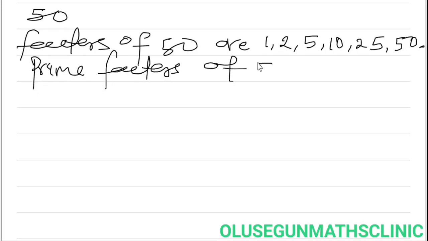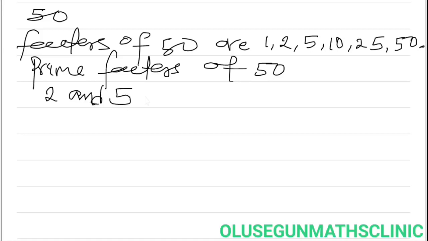Before I write it, I believe if you are following me, you must be able to know the prime factors. We don't count 1 as a prime factor. Let's start from 2. It is only 2 and 1 that can divide it, so 2 is among them. Let's find another number. It is 5. Let's check 10, something can divide 10. Something can divide 25 and 50. So it means it is 2 and 5.